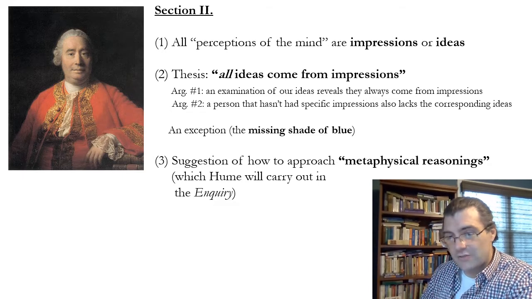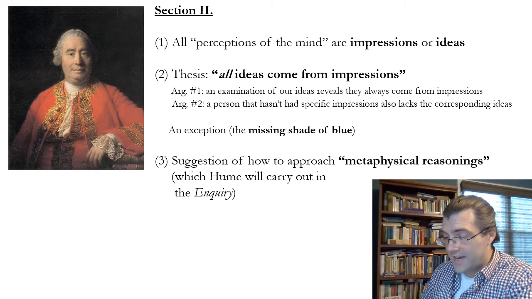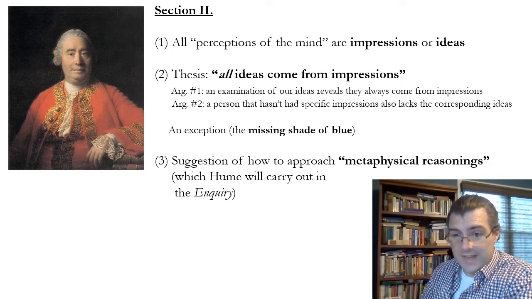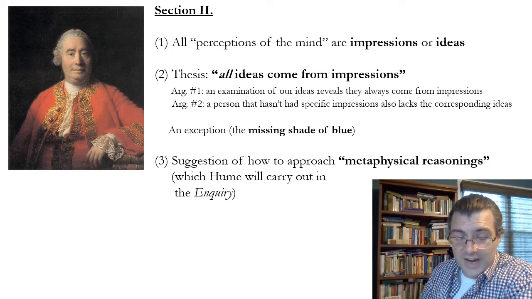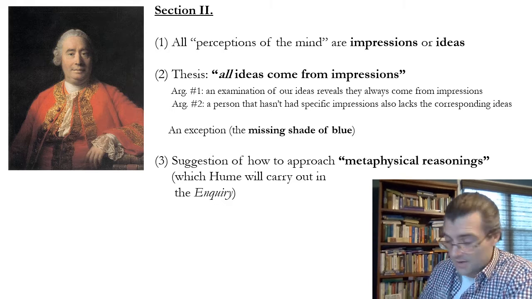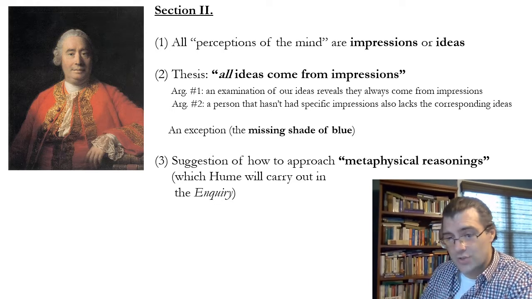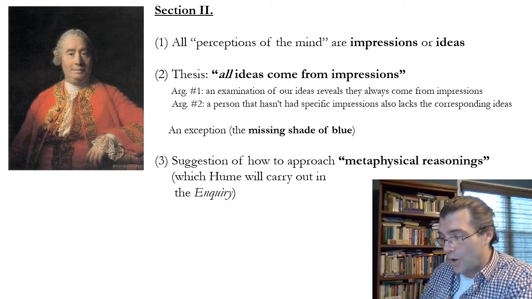They are apt to be confounded with other resembling ideas, and when we have often employed any term, that is, any word, though without a distinct meaning, we are apt to imagine it has a determinate idea annexed to it." So sometimes we use words thinking that they have determinate ideas attached to them, but sometimes they don't. "On the contrary, all impressions, that is, all sensations, either outward or inward, are strong and vivid."